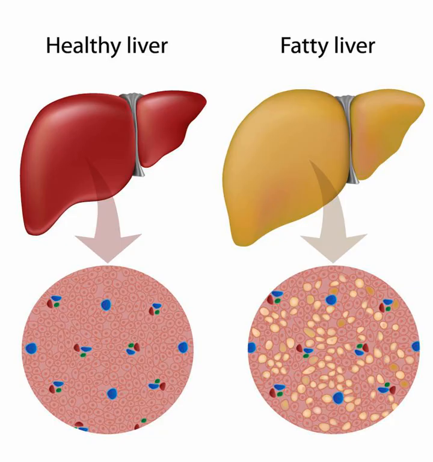So the most important thing is preventing fatty liver. Rather than treating fatty liver or treating the complications of fatty liver, preventing fatty liver is the most important thing. So now what are all the things you have to do to prevent fatty liver? First thing is alcohol. Limit it. If you cannot stop alcohol, limit alcohol.